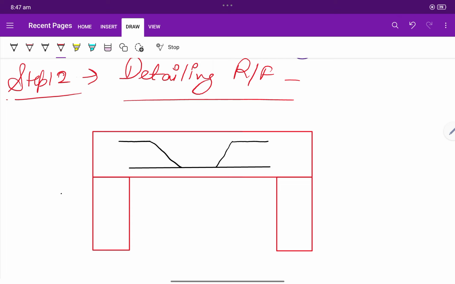This black one is our main reinforcement, and now we are drawing our distribution reinforcement. Our distribution reinforcement are like this.